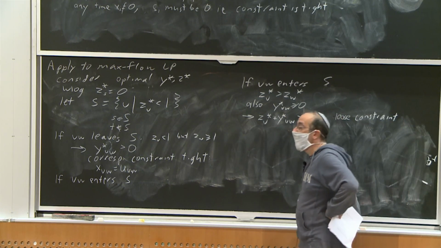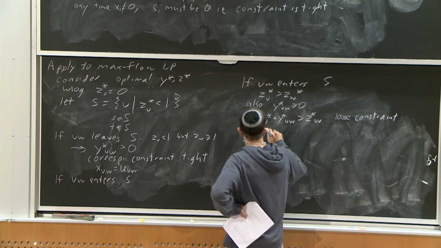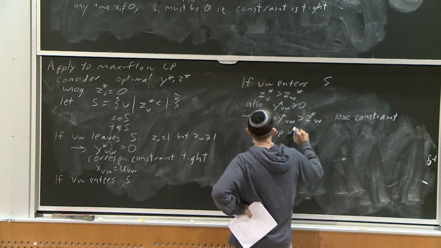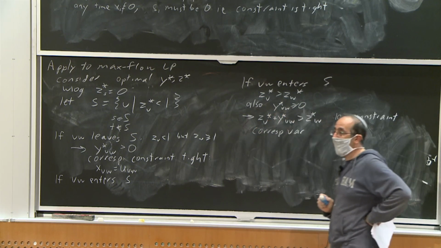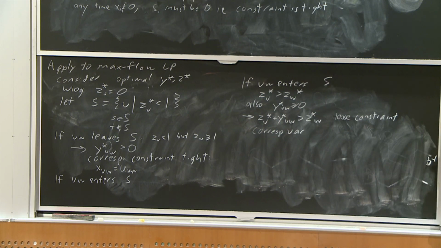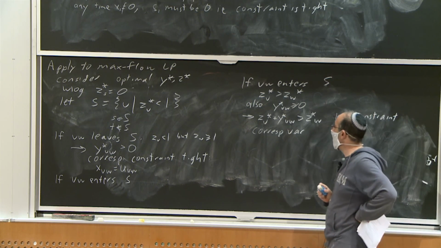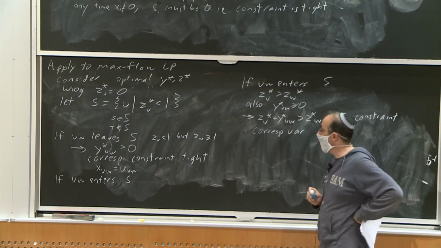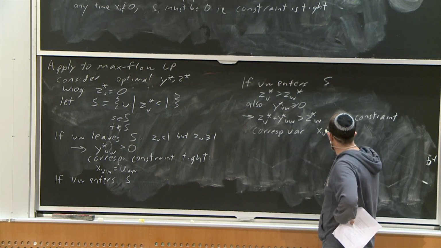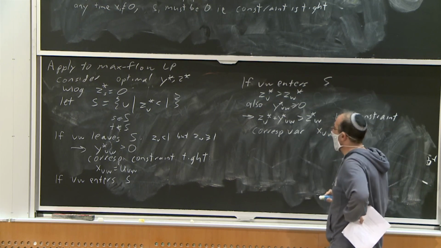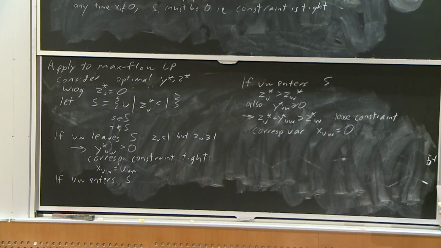The corresponding variable must be 0. What is the corresponding variable to this constraint? It's the variable for the flow on VW.